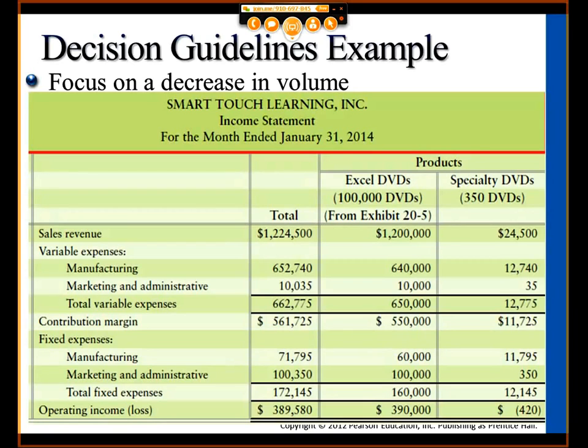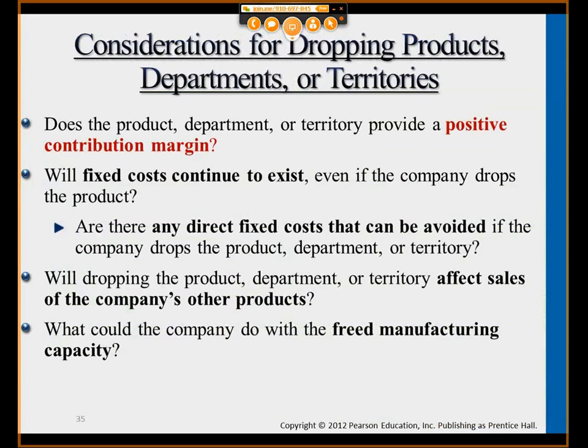All right, so how do we make those considerations? What are we looking at? How do we make that decision? So while we're talking about dropping the product because there is an operating income with a negative number, which is a loss to us, right?